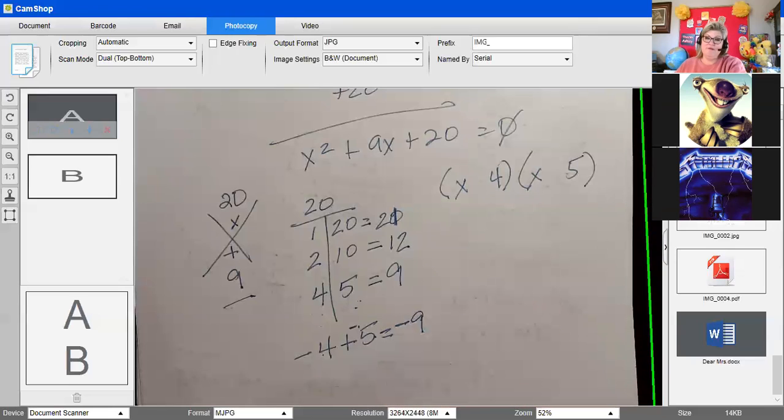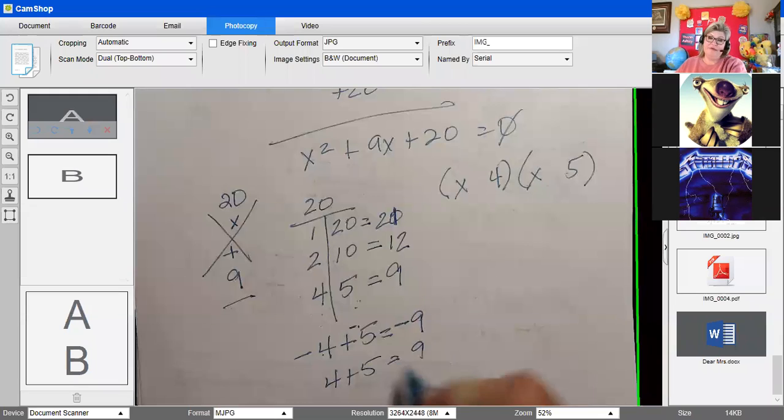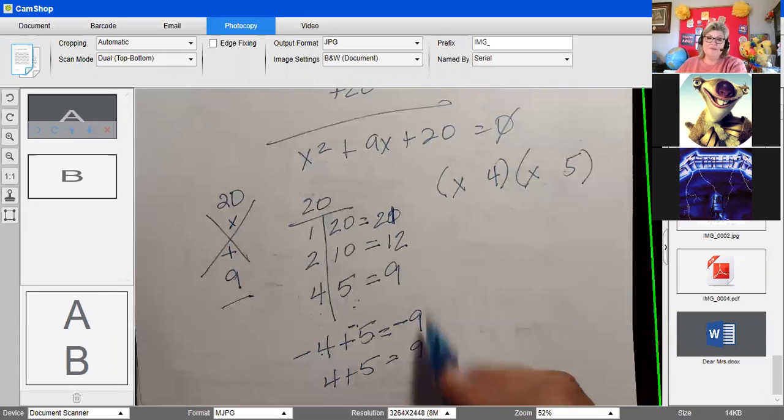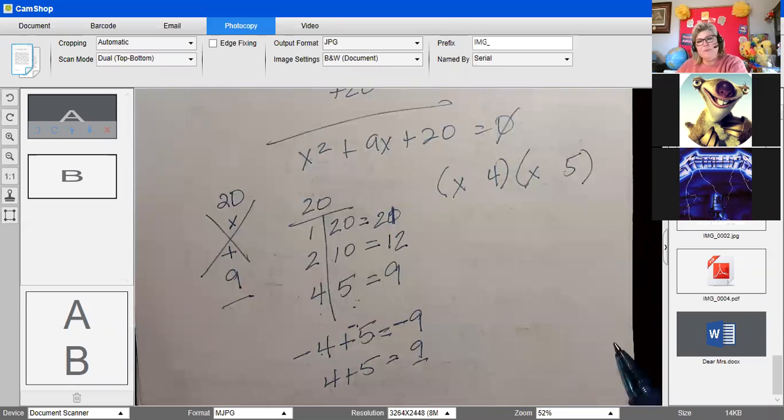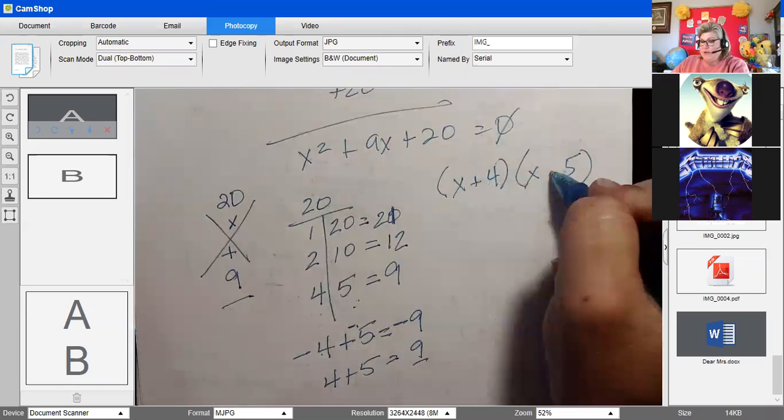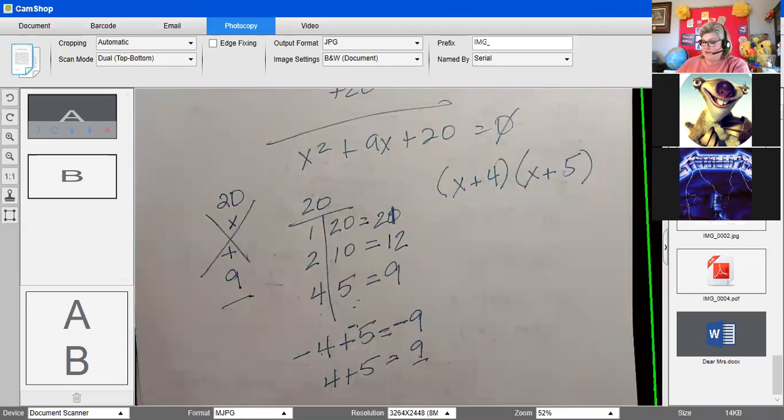So it would be a negative 9. But we want a positive 9, so it would have to be positive 4 plus 5 to give us a positive 9. Does that make sense, Tanner? Yeah. All right. So we've got x plus 4 and x plus 5.